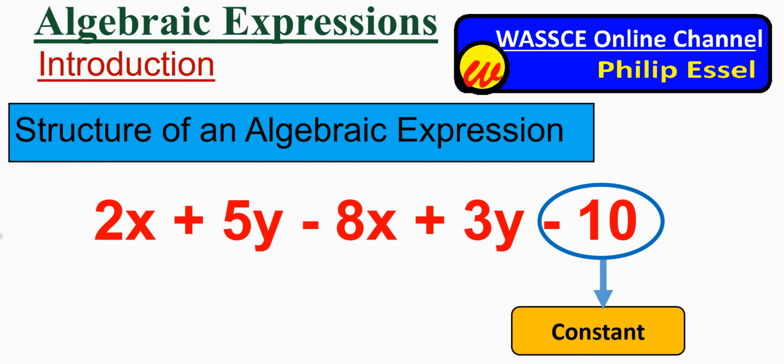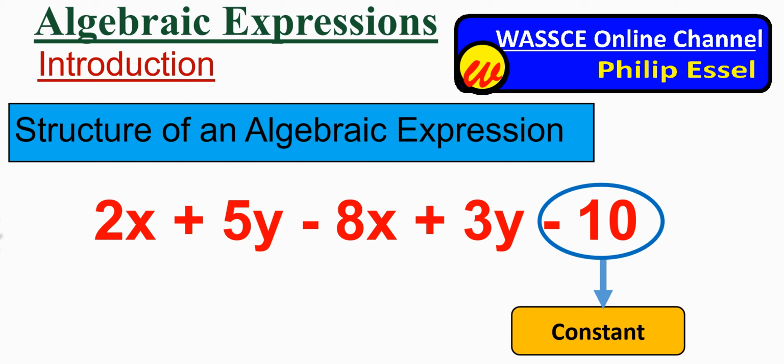Remember, you are likely going to be tempted to think that the constant is 10, but the constant is not 10 because remember it has a negative number in front of it. So it's not just the number 10, but it also includes the operation sign negative which is in front of it. So therefore our constant in this expression is -10, not 10.